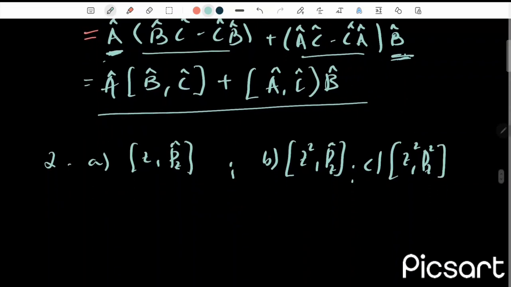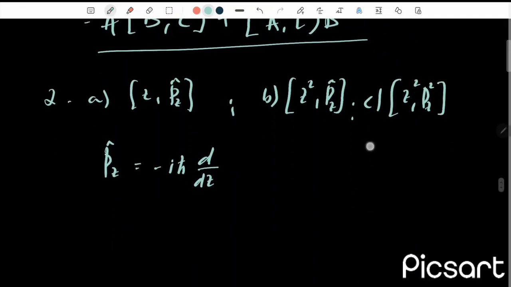Okay, where here we have the Z component of the linear momentum written as minus I h bar d over d of x.